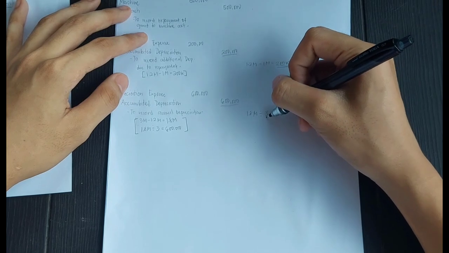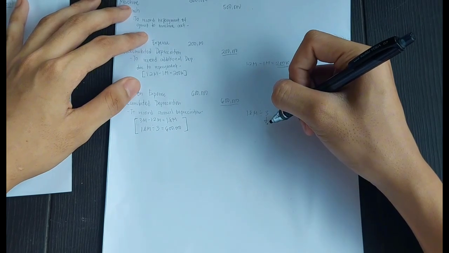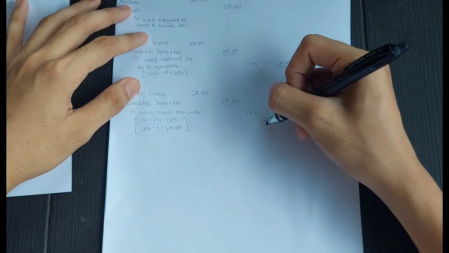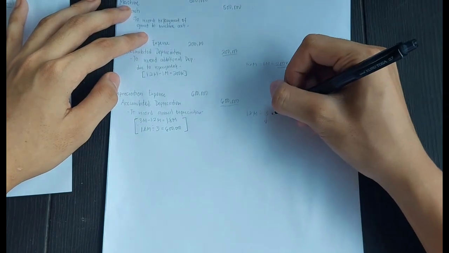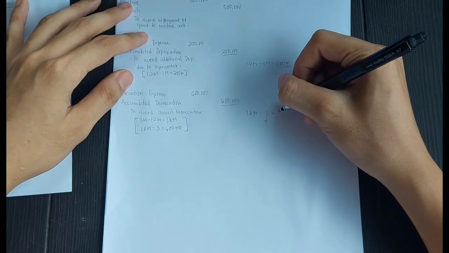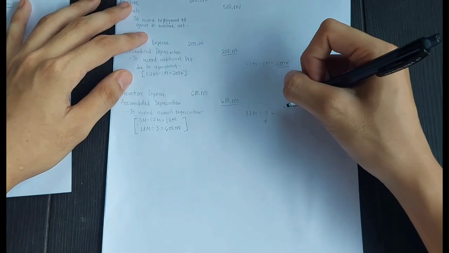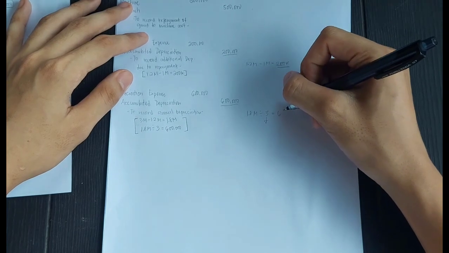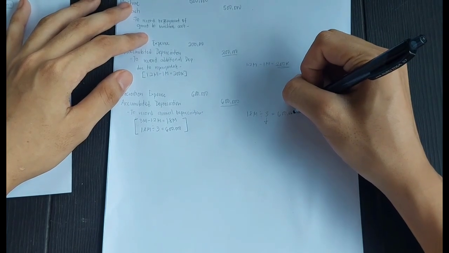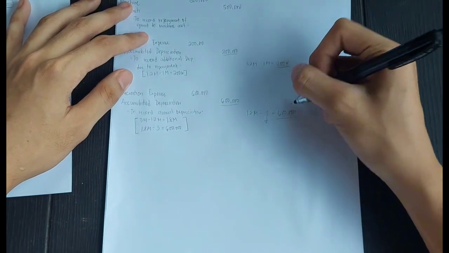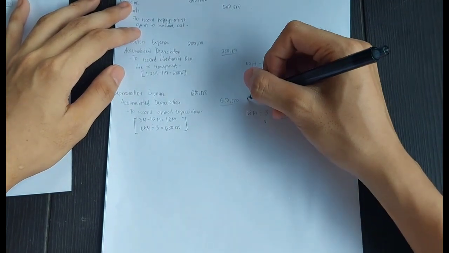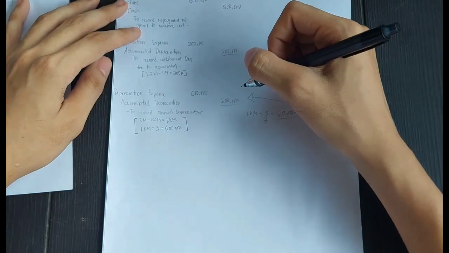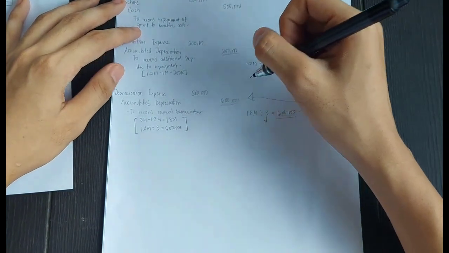The 3 years is the remaining useful life of the asset. So 1.8 million divided by 3 years is equal to 600,000. That is why we get 600,000 depreciation expense for the year 20x3.